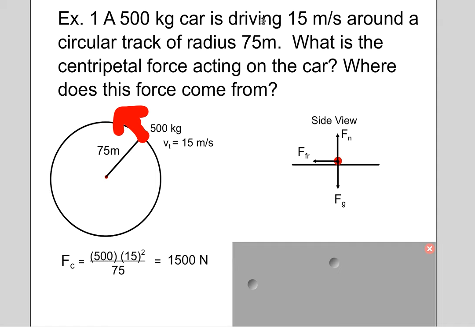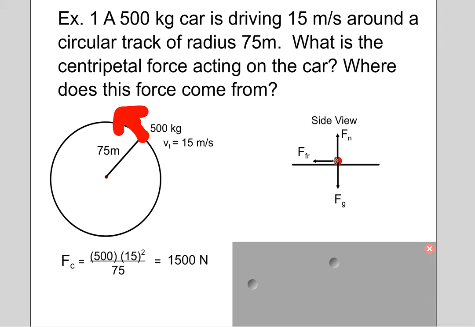What forces are acting upon it? Well, gravity's pulling it down to the ground, and the normal force of the ground is pushing it upwards, right? And since it's moving in a circle that goes into the screen, then the centripetal force must be acting to the left, right? Well, so what force is it that's actually doing that? Well, that's friction. Why does the car turn in a circle?